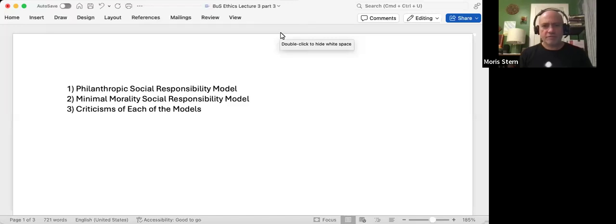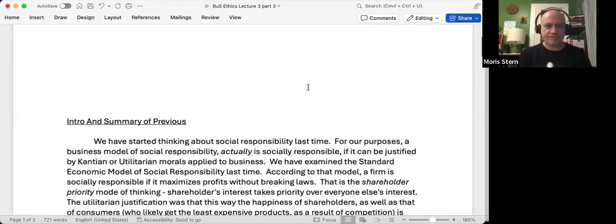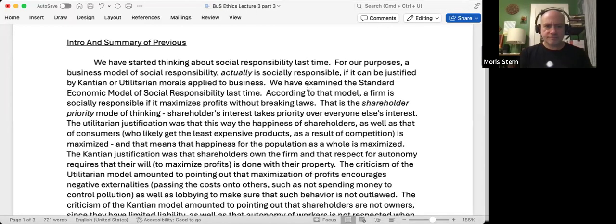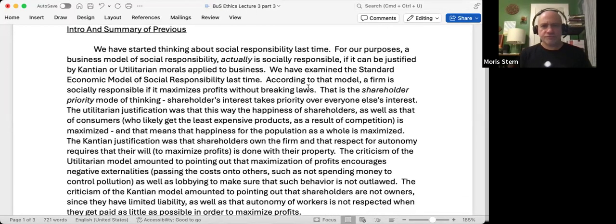So in the previous segment, we were introduced to the standard economic model. So we are now up to second and third of the social responsibility models. But let's do a bit of a summary of what we have done up to now anyway.